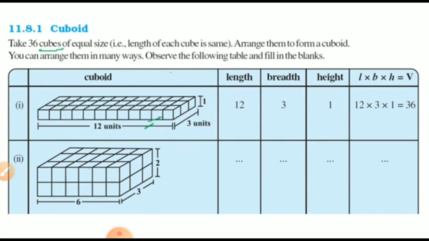Height is 1 unit, breadth is 3 units and length is 12. Just multiply all of them and you will find the volume of this cuboid. 12 into 3 into 1 gives you 36. Will you find the second figure? Why not? 6 into 3 into 2, 36 is also correct. Yes or no?